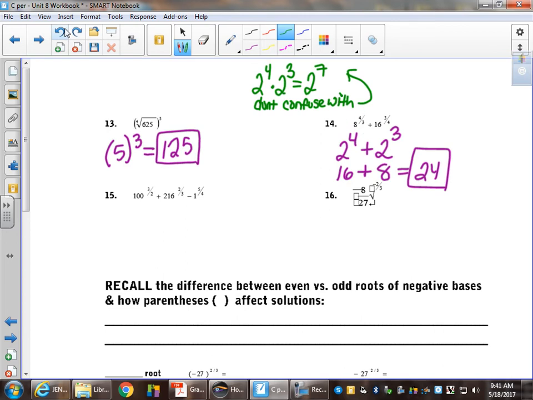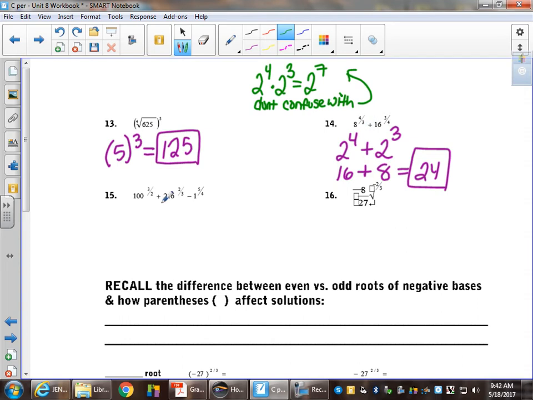And then I pretended like this is all I had. And I said, what's the 4th root of 16? 2 raised to the 3rd power. And then I looked at it together. So 2 to the 4th is 16, plus 2 to the 3rd is 8, and that I can add together and get 24.